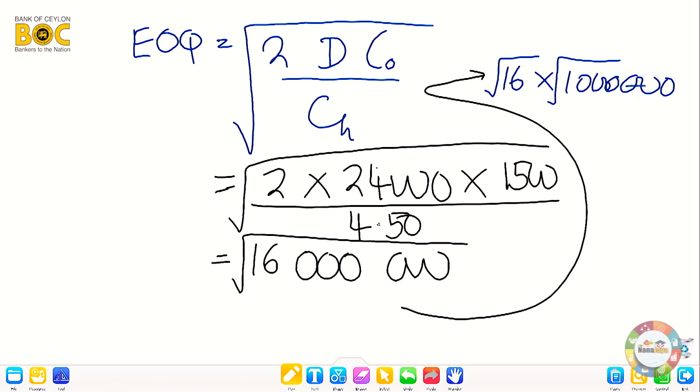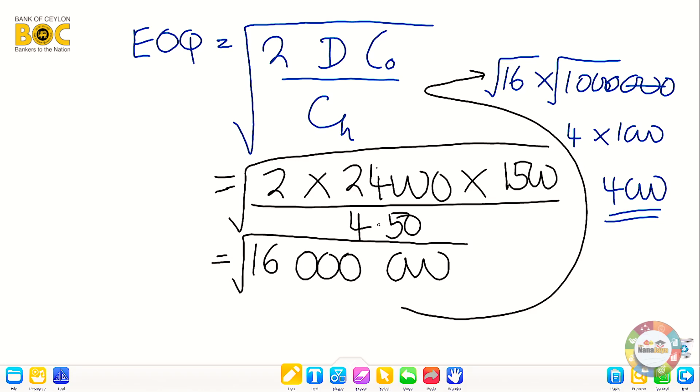You can cut these 3 zeros, and there you get 1000. The square root of 16 is 4. So 4 into 1000, 4000 is the economic order quantity.